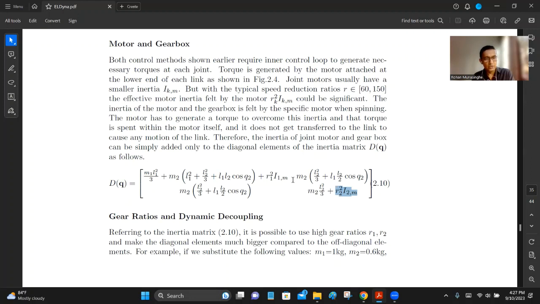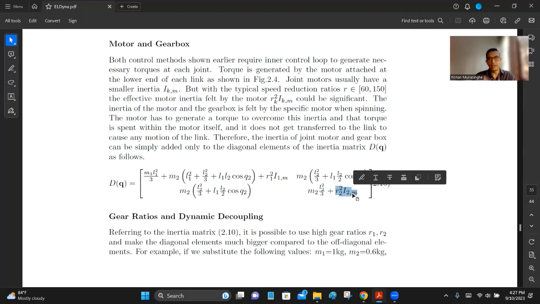So this R1 squared I1M is the inertia actually seen by the motor, its own inertia plus the gearbox, right? And this is the other one for the second joint, third, fourth, fifth, like that. So all of these additional inertias are to be added to the main diagonal. It doesn't go anywhere else.